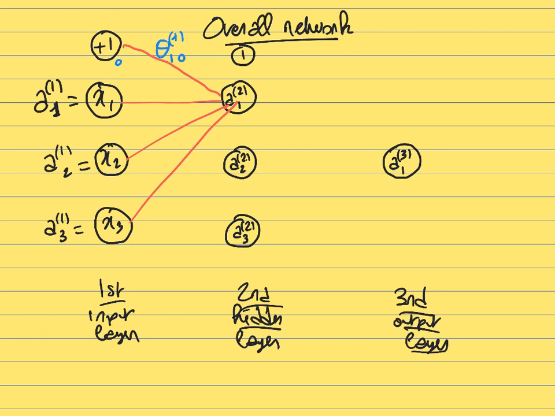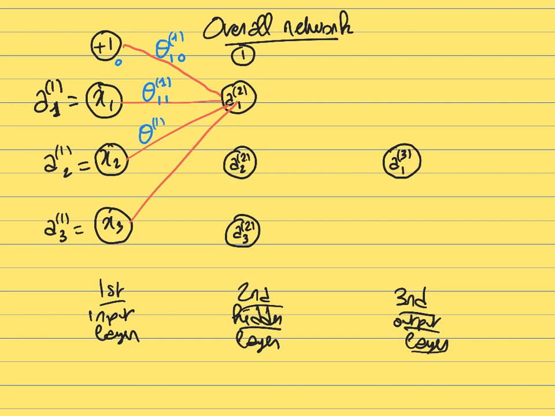Similarly, if we take the second one, this is going to be a coefficient theta associated to the first layer, associated to the neuron x1 of the first layer. In this case, it's connecting the neuron 1 in the first layer to the neuron 1 in the second layer. Same thing, this one is going to be the theta of the first layer.